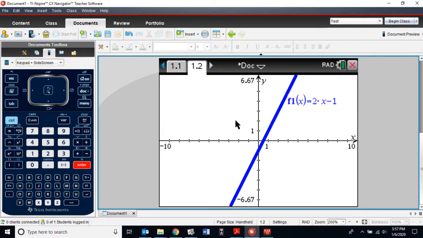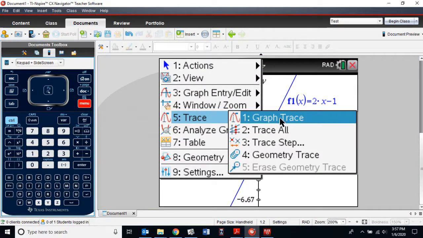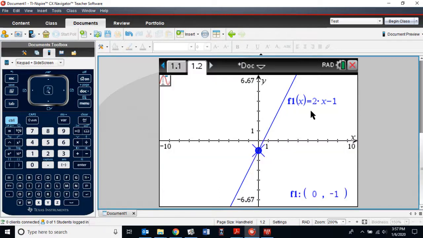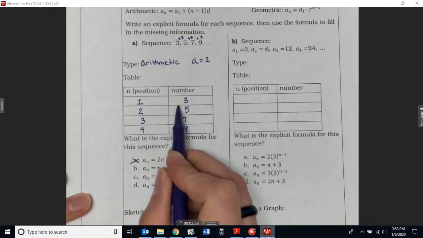And it gives me a line, and in order to see if the table matches, remember we press menu, 5 for trace and 1 for graph trace, and I can type in any x value I want. So the first value is 1, 1 goes to 1. So automatically answer A is out because 1 has to go to 3.